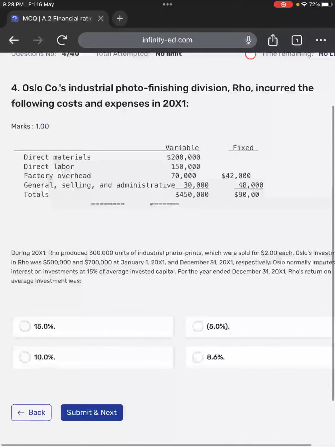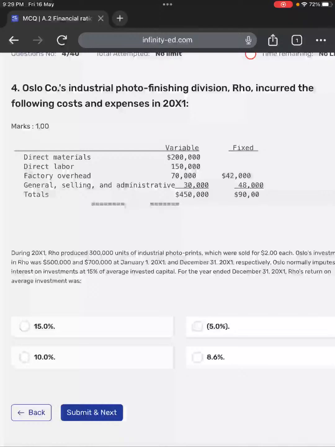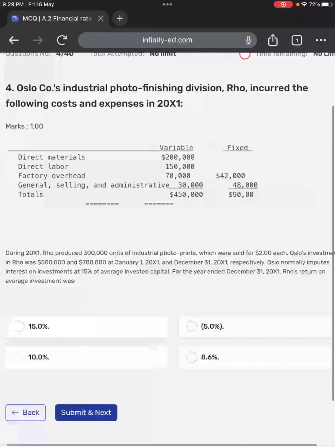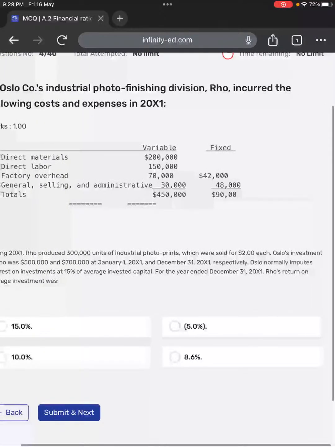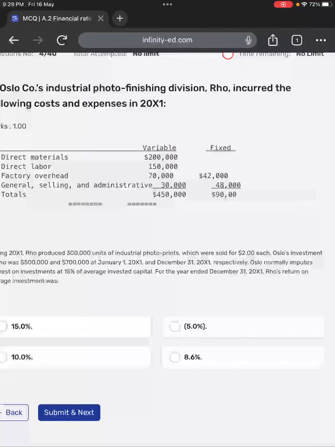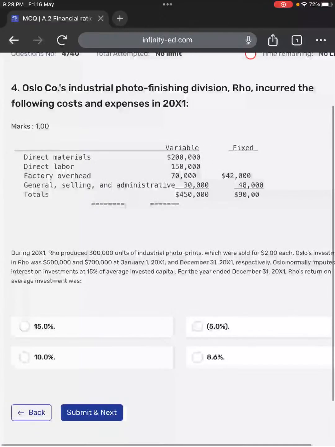Oslo's investment in RO was 500,000 and 700,000 in January and December respectively. Oslo normally imputes interest on investment at 15% of average investment capital for the year ended December 2001. RO's return on average investment was?